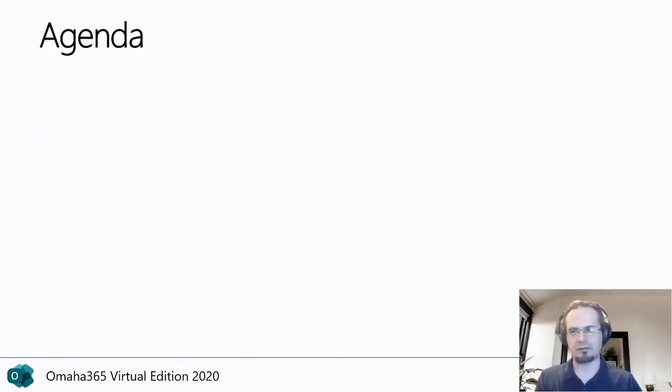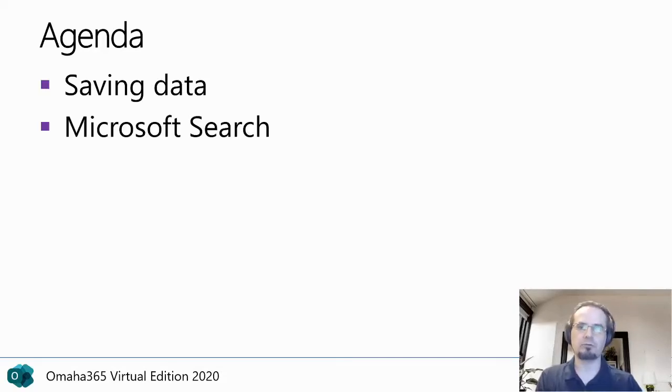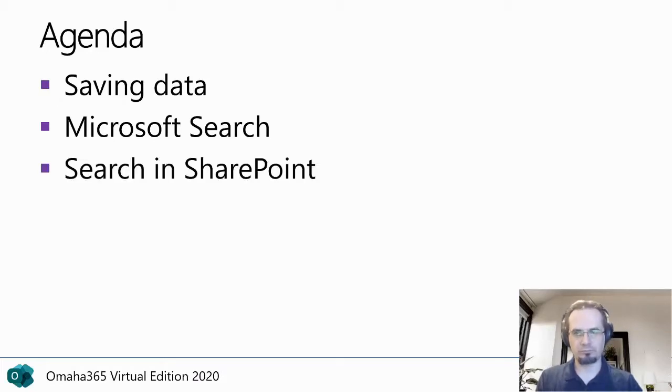Okay, let's start. A quick plan for today's session. First, I will talk a little about saving data. Where can we save data in Microsoft 365, but not only. Then we will try to use Microsoft Search and explore some of its hidden features.